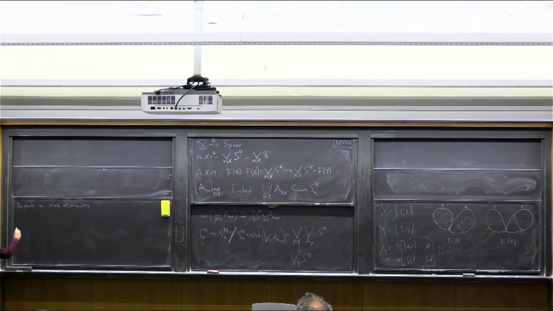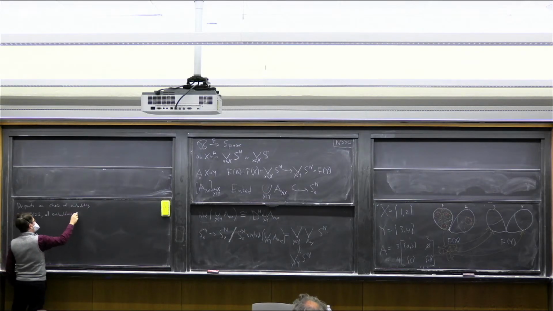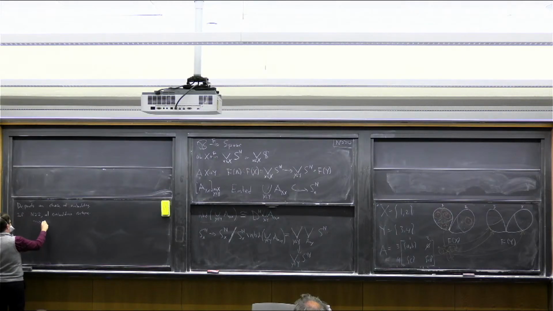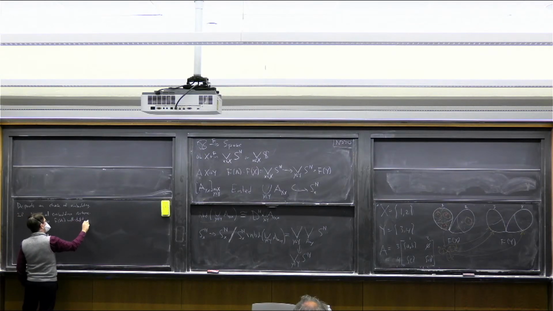So how big is big? 2 at the moment. So if n is bigger than or equal to 2, all embeddings are isotopic. So that tells me that the map f of A is well defined up to homotopy.